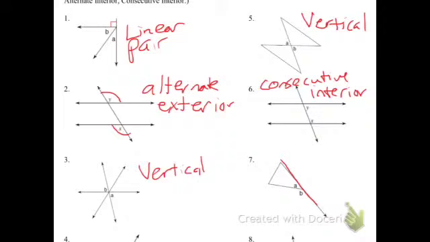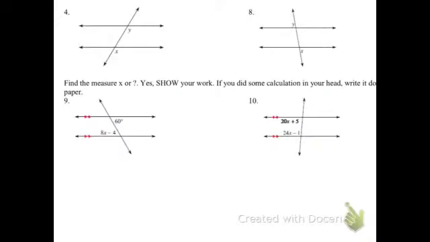On 7, these two angles are made with these two rays there, those two lines, and they come together to make a straight line here, which means they are a linear pair. Moving down to the next two on 4 and 8, these guys here are in the same location of these two intersections.